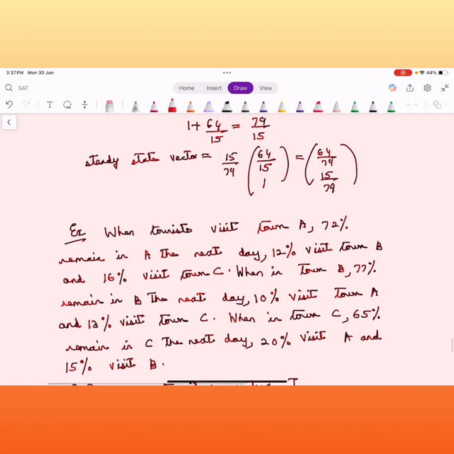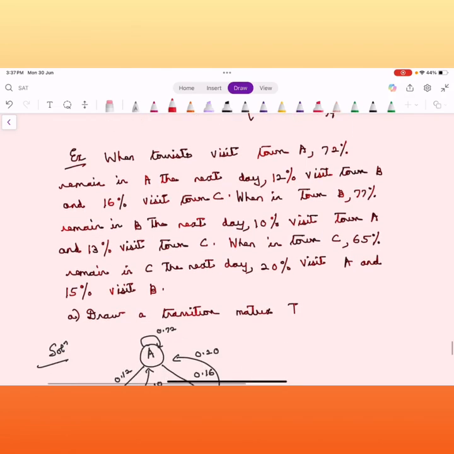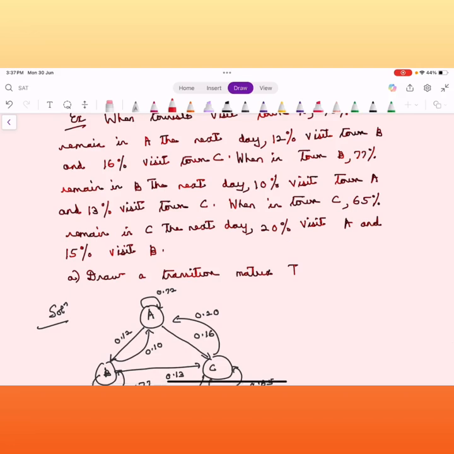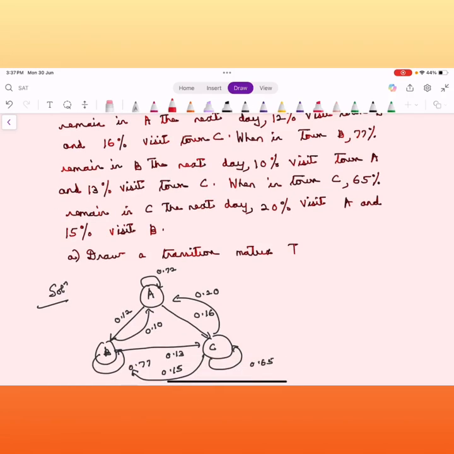Let's see one more problem. When tourists visit town A, 72% remain in A the next day. So I have drawn a transition diagram. 72% remain in A, 12% visit town B. I have drawn an arrow to town B, which is 0.12. 16% visit town C. When in town B, 77% remain in B the next day.